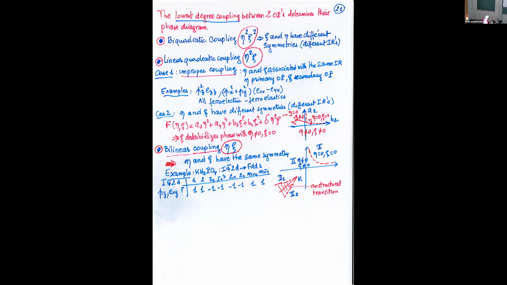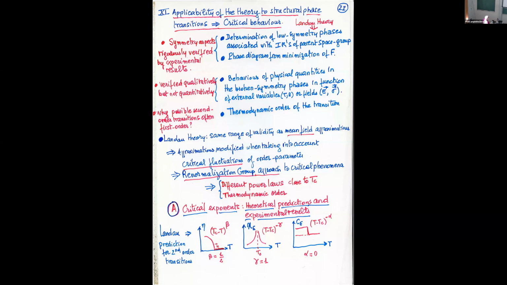All right, I will stop because tomorrow I will discuss only the critical behavior. I will come back to all these results only from the point of view of the critical behavior, with a list of materials. It will be a much more concrete lecture tomorrow. Thank you.